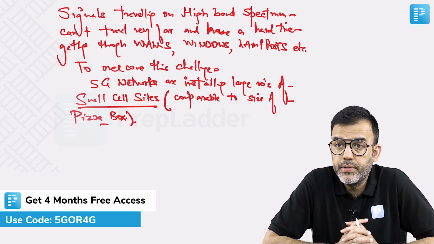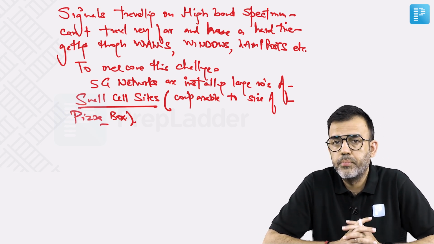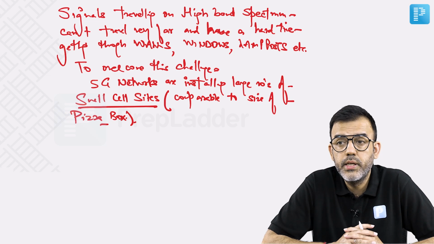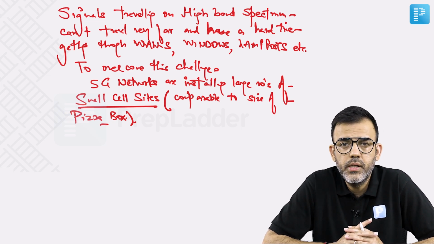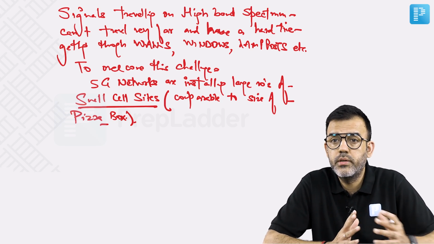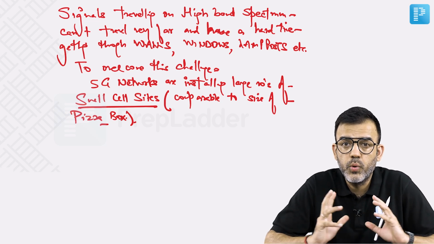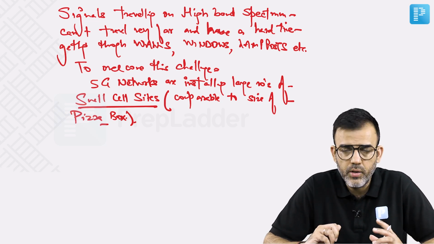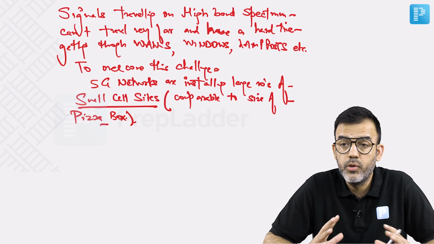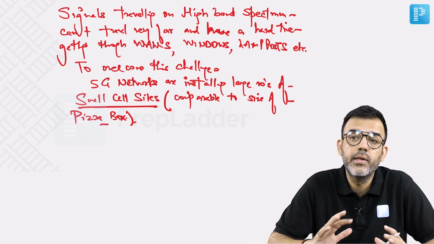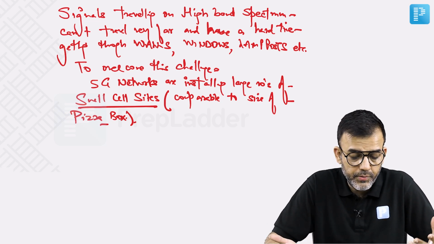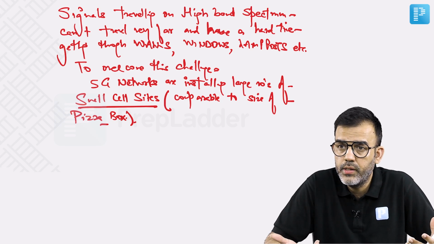And for this reason, most carriers, most of the companies who are testing the 5G technology and who are in the fray to offer these services, are deploying 5G rolling out city by city. Because if you want this network to work, then you have to fill a city with an enormous number of such small cell sites. So that's a big hardware challenge. You have to create all these small cell sites, and that's what is happening all around the world in the cities where we are witnessing the testing of 5G technology.